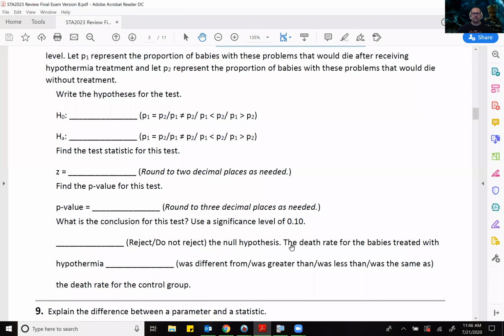So right here, it says the death rate for babies treated with hypothermia blank was different from, was greater than, was less than, was the same as. Well, we rejected the null hypothesis. So that means we have significant evidence for the alternative. So we're going to say was less than.